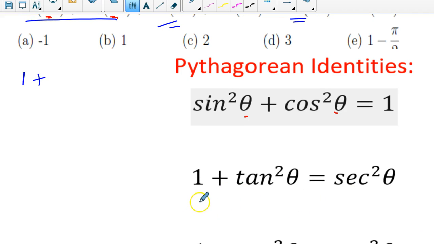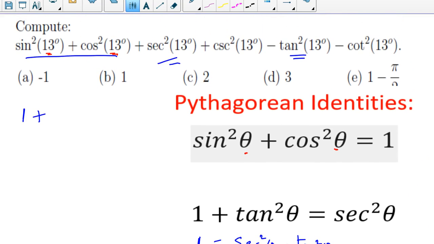Subtracting tan square on both sides, we get 1 is equal to secant square theta minus tangent square theta. So secant square minus tangent square is equal to 1, right? So this is secant square minus tangent square. Together, these two I can write as 1.